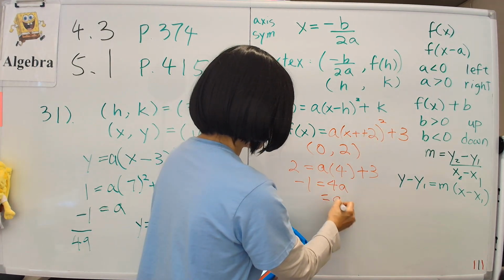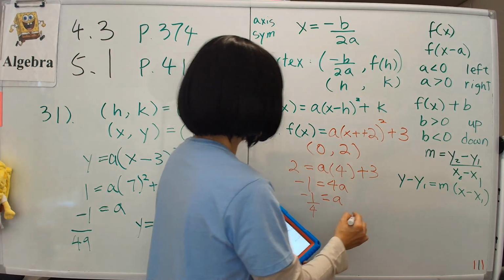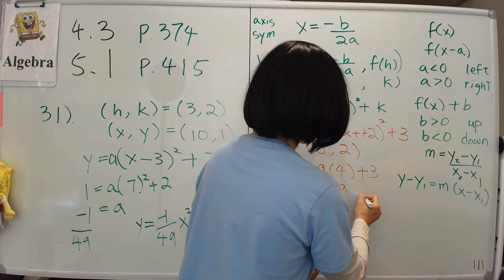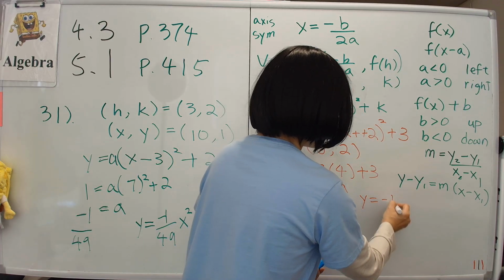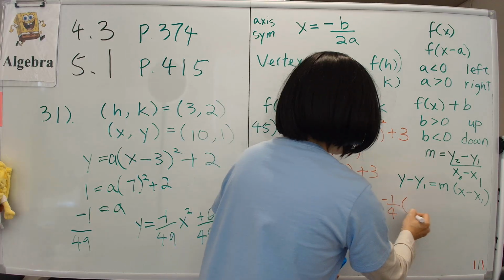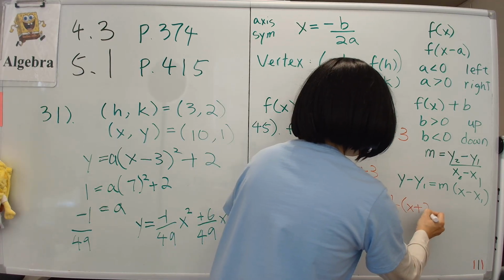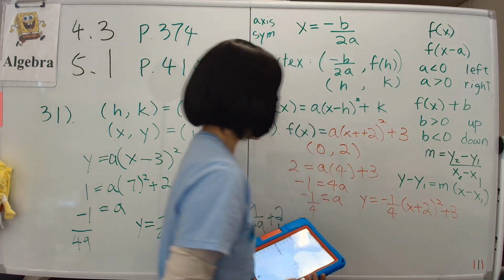And then a will be equal to minus 1 over 4. So the entire equation is y or f of x equals minus 1 over 4, that's a, times x plus 2 squared, plus 3, and that should be the function.